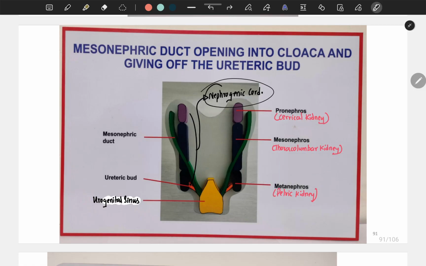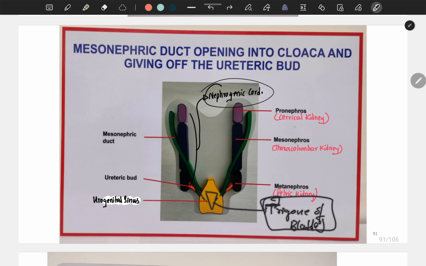Okay, so this is called the mesonephric duct. From the mesonephros it comes, the mesonephric duct, and goes behind the urogenital sinus. Behind this, it goes behind and forms what? Here it forms this triangular shape, the trigone of the bladder.